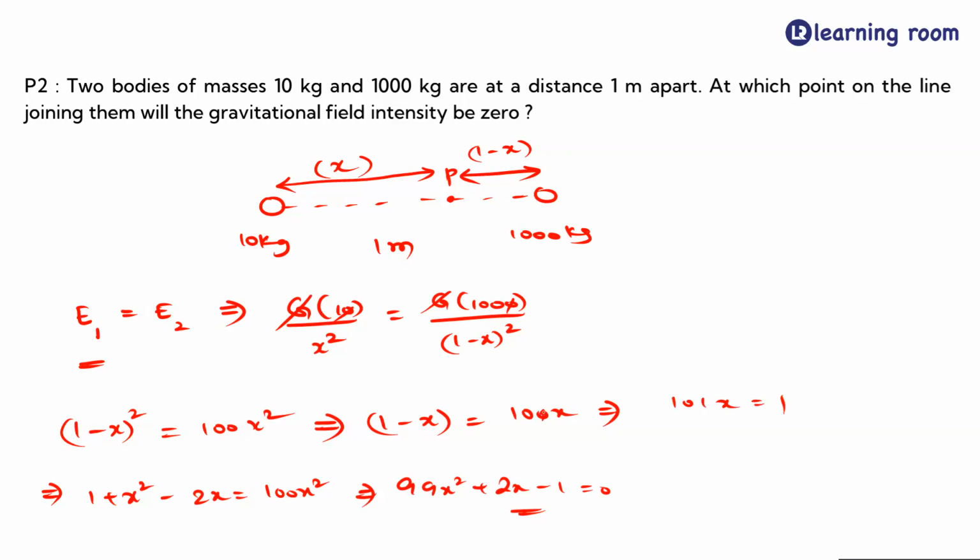Sorry, not 100x, 10x. This 10x means 1 is equal to 11x, which implies x is equal to 1 divided by 11 meter. We can use this also. But I hope you could understand.